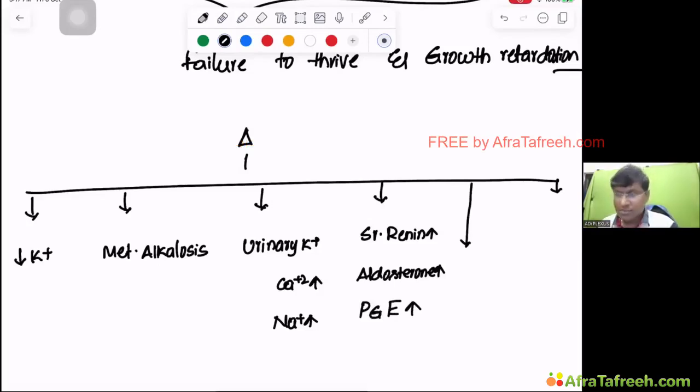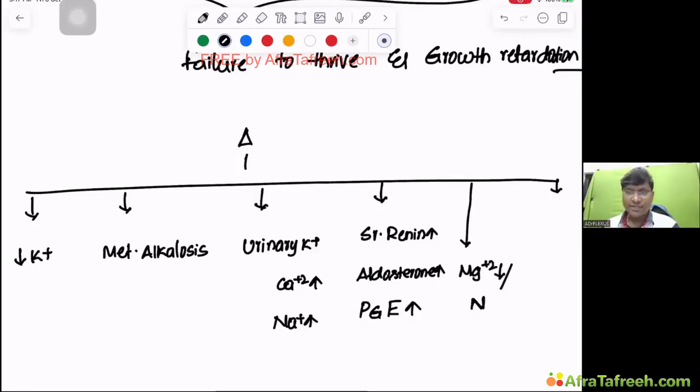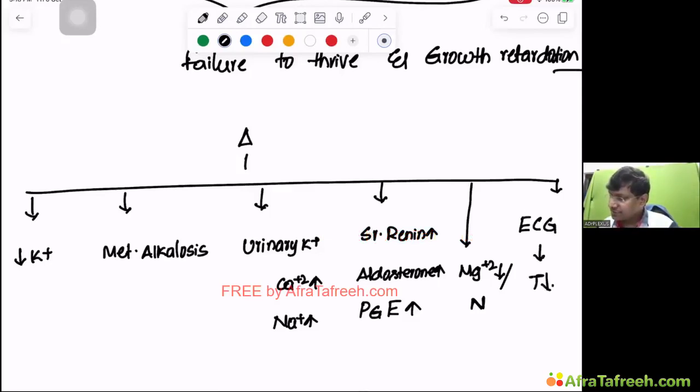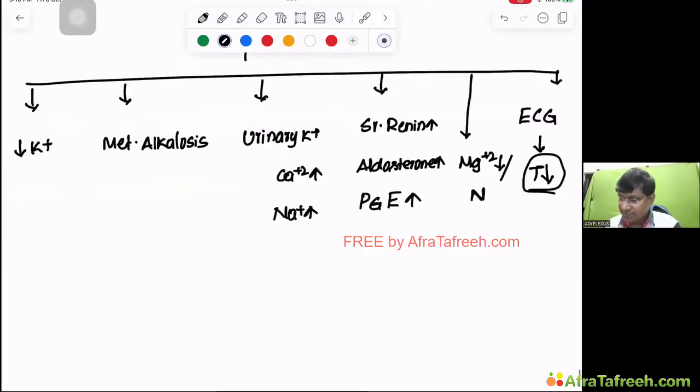Then what about the magnesium? Magnesium might be hypomagnesemia or normal levels. It is like plus or minus. And ABG we have discussed. And because of the hypokalemia, when you do an ECG in these patients, you will notice T wave inversion. And what is the treatment? Drug of choice in these patients is indomethacin.